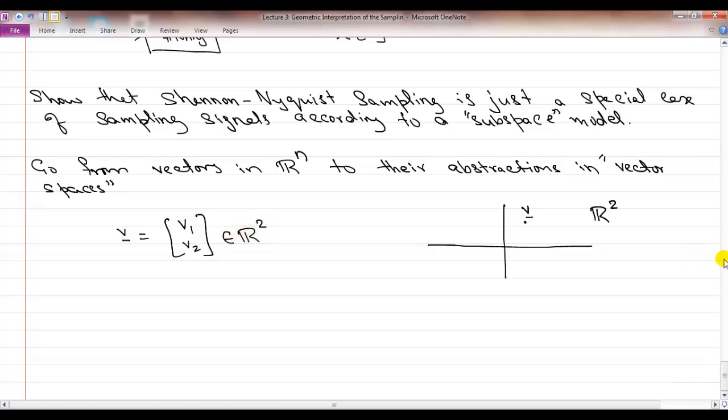Now, what's so special about this two-dimensional space? What are the kind of things that you can do are the following. In R2, we can do things like add vectors, subtract vectors.